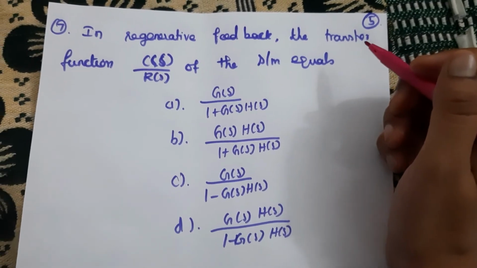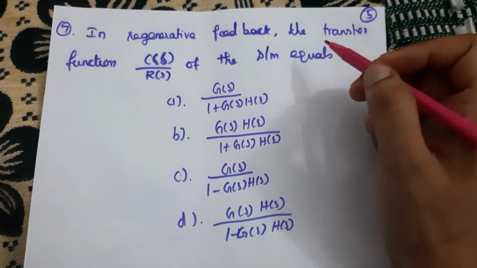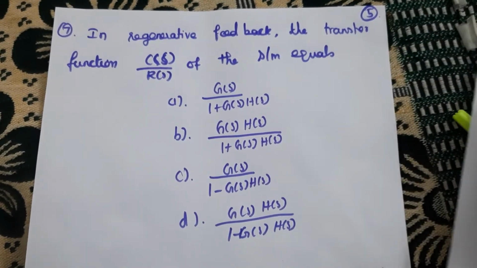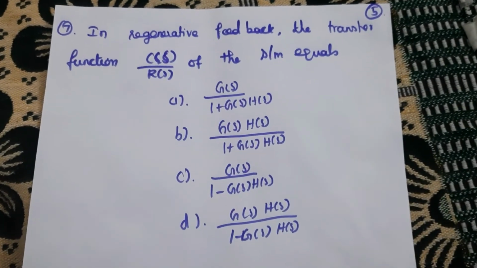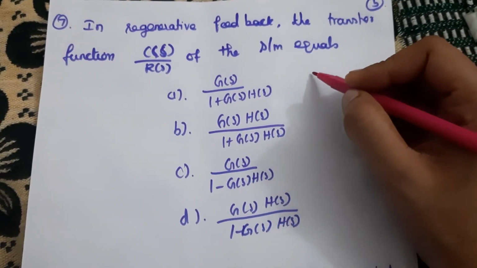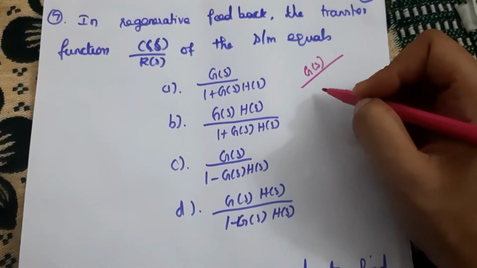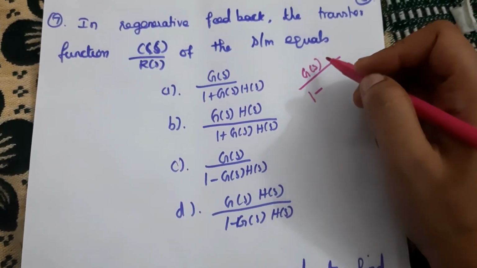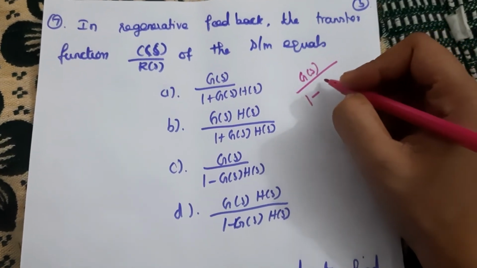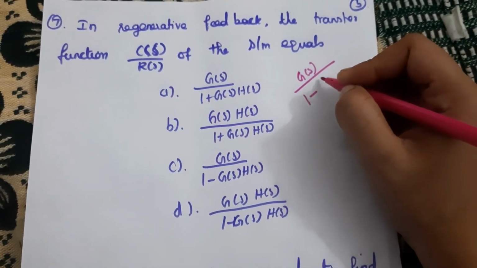Next question: in regenerative feedback, the transfer function C of S divided by R of S of the system equals, and this is equal to the gain of the forward path, that is G of S, divided by 1 minus the sum of the individual loop gains.